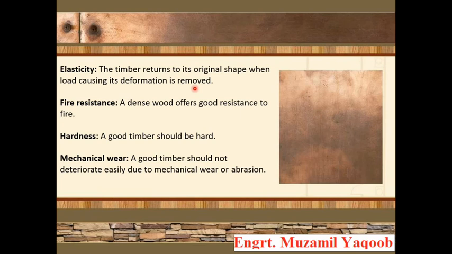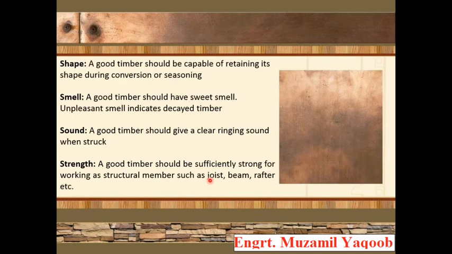This is known as elasticity. Then comes fire resistance. A dense wood offers good resistance to fire. And then hardness: a good timber should be hard. Then comes mechanical wear. A good timber should not deteriorate easily due to mechanical wear or abrasion.